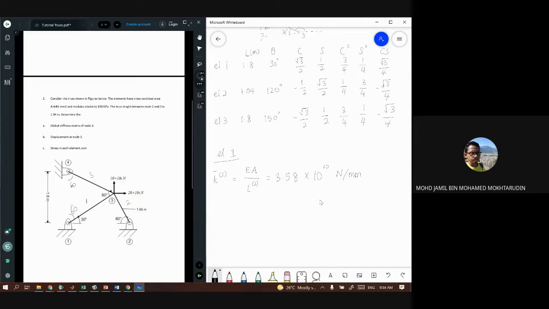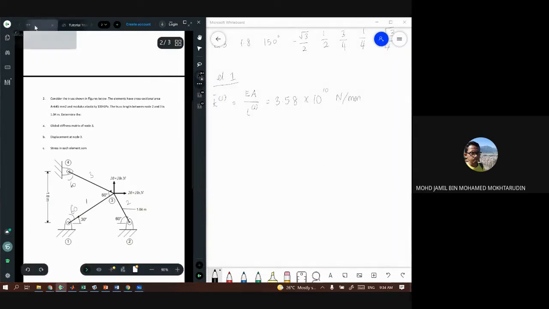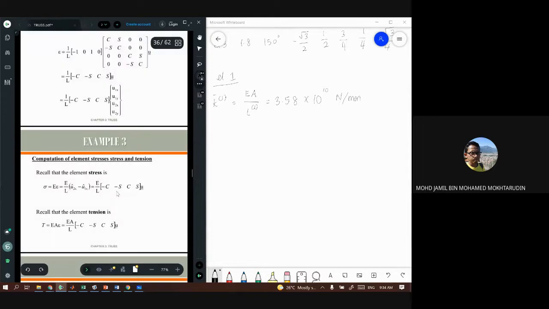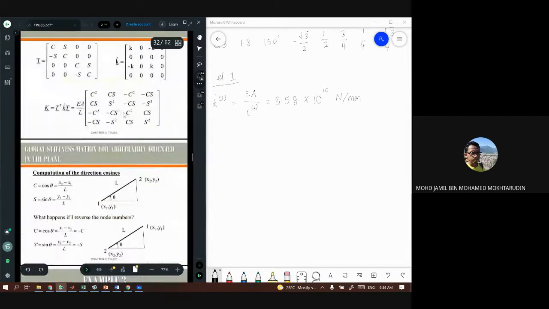And then for element number 1, we assemble the matrix. So assemble the matrix according to this formula. So K1 equals K bar 1 over 4.